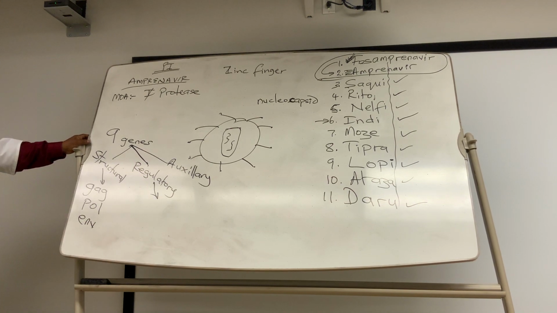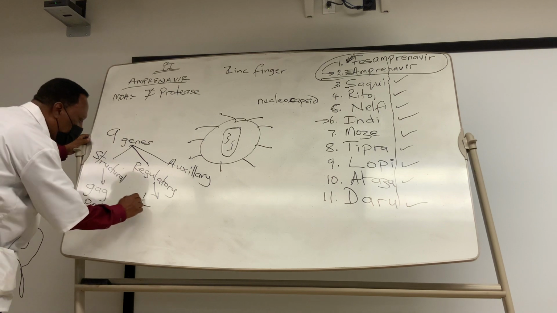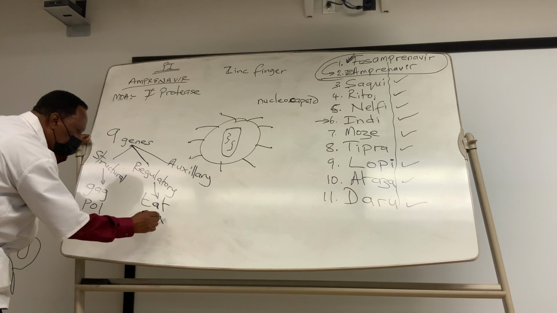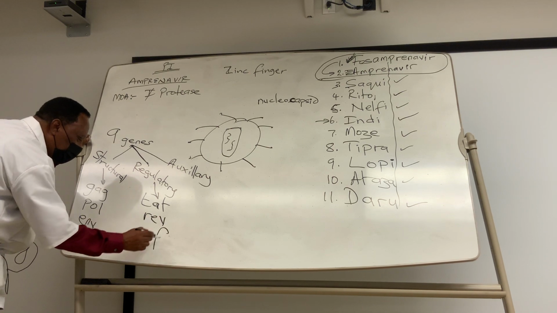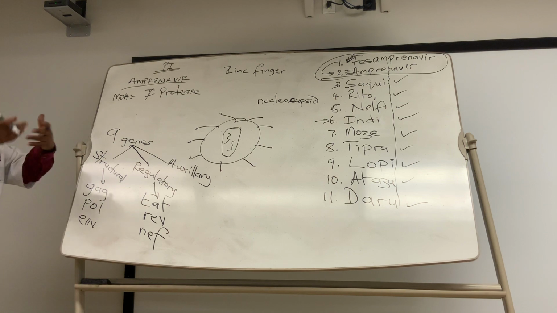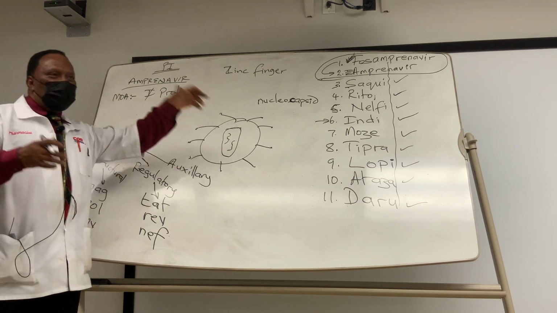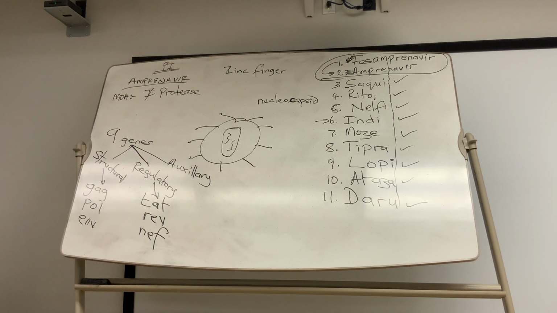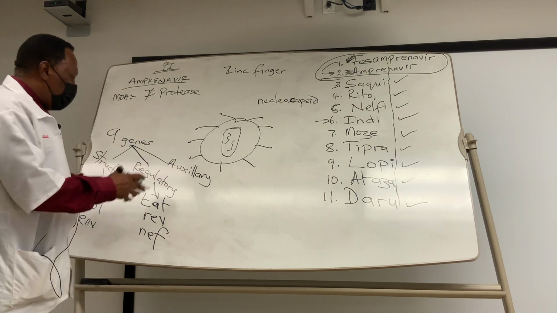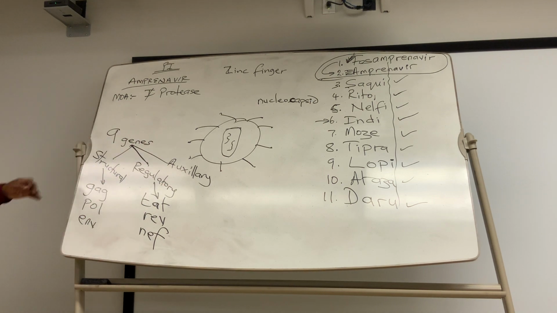Your regulatory genes are the TAT, the REV, and the NEF. Those are the ones that control things like your reverse transcriptase actions, and would also control the movement of the virus, the replication, and all that.